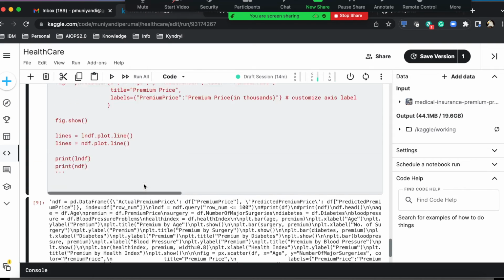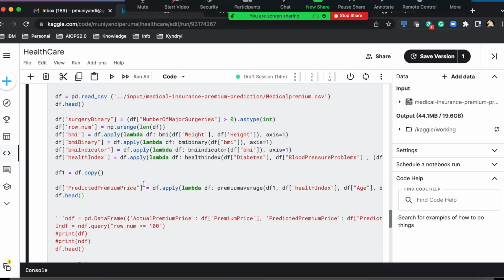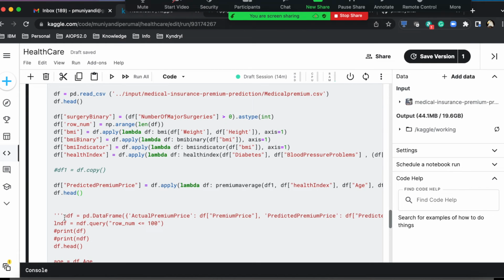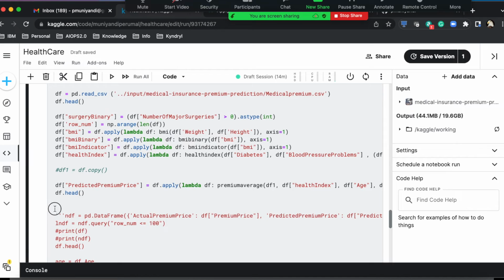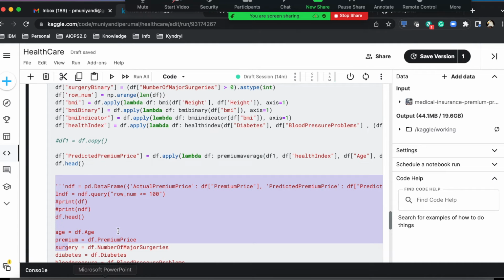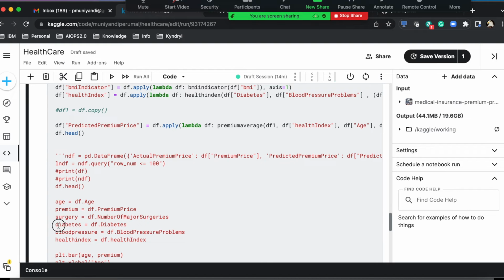But this one, why DF? Okay, this is also displaying. Okay, I'll do one thing. I cut this code and keep it in my memory. This also started executing.